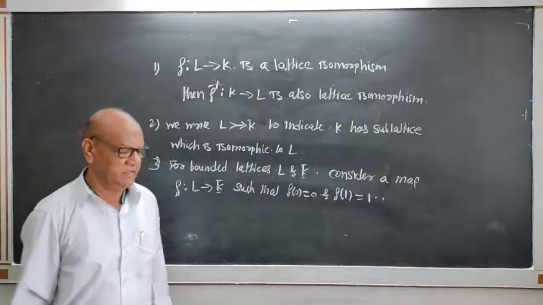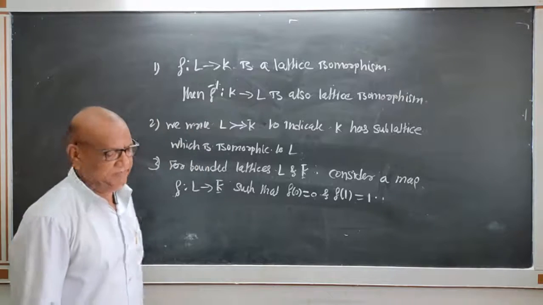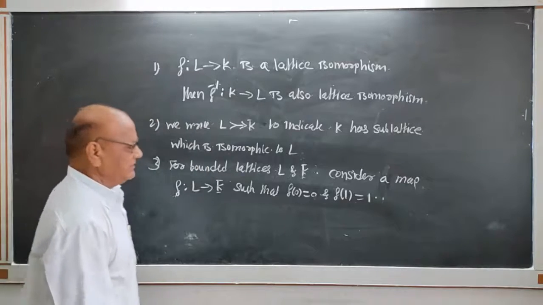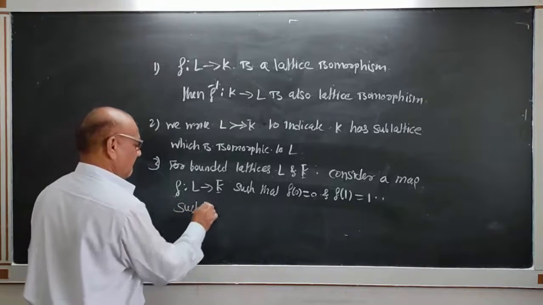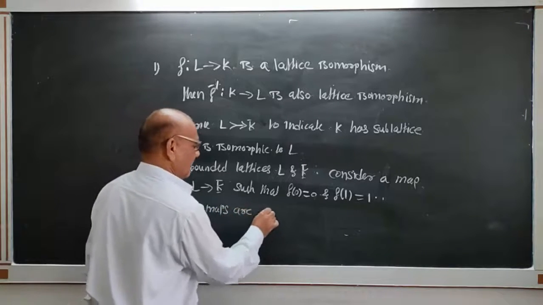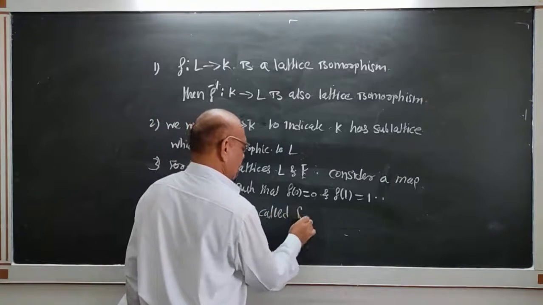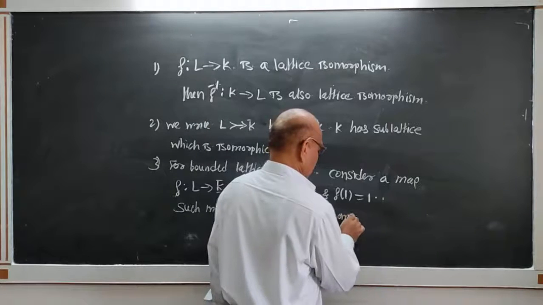Such maps are called zero-one homomorphisms.